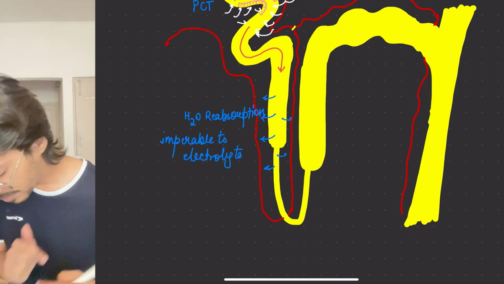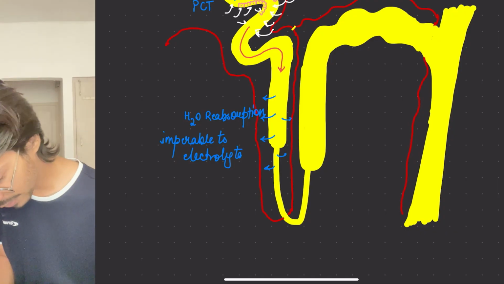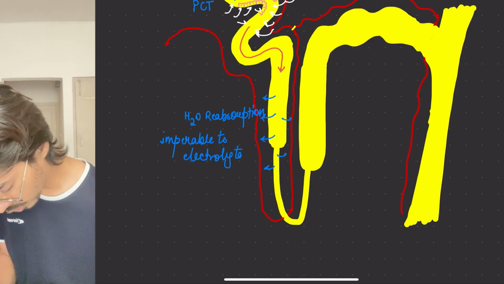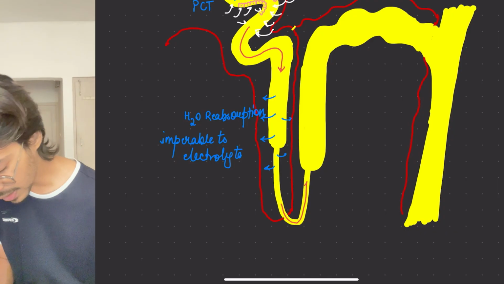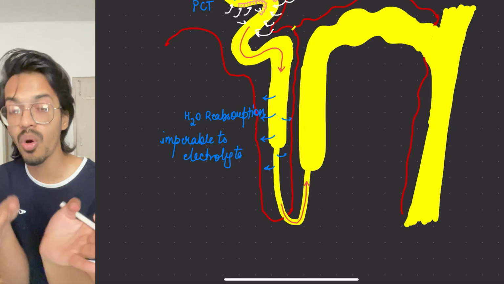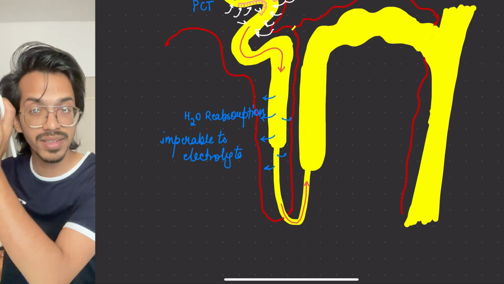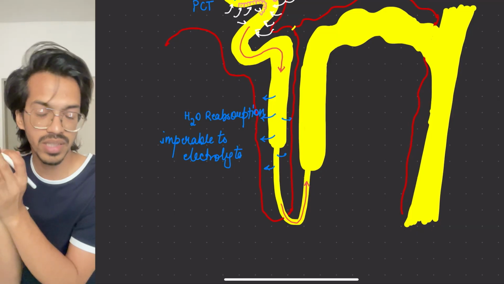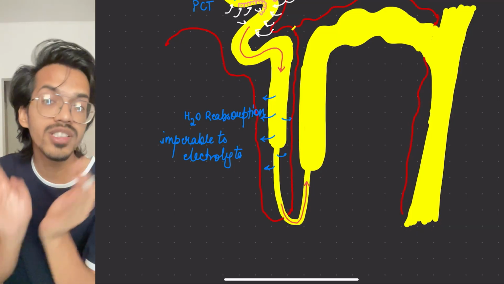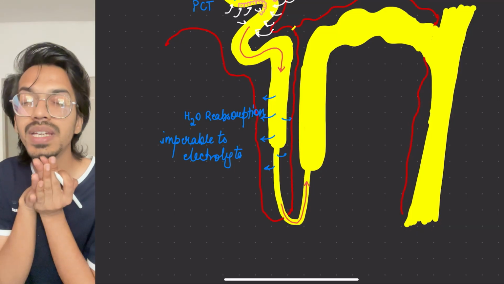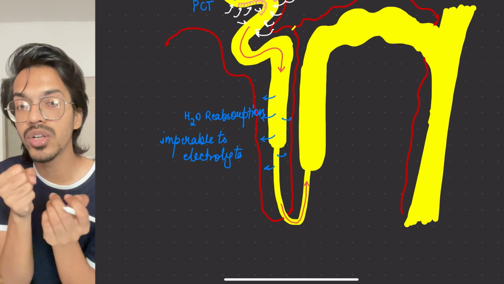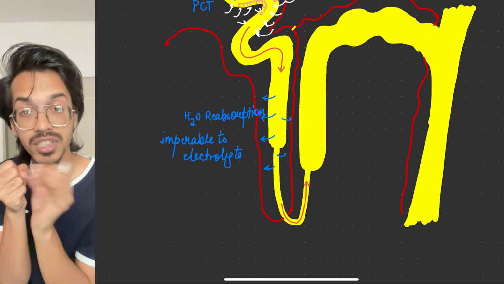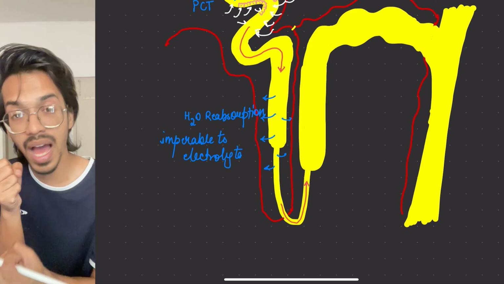And simultaneously, when it goes up, like from here, the flow will go up. But if you see over here, if water is being reabsorbed, already maximum water, 70% of it, has been reabsorbed at the PCT. But if further water is being reabsorbed, what is happening? The water content becomes low, and the urea which is present in the urine becomes higher in amount.